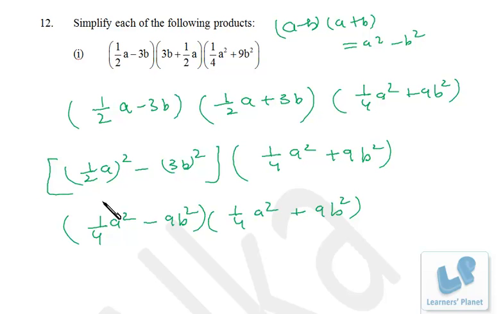Do not get confused between this a and the formula, both the variables are different. The minus sign is between the two terms here, and the plus sign is between the same two terms there. So this finally results in the square of the first term minus the square of the second term.